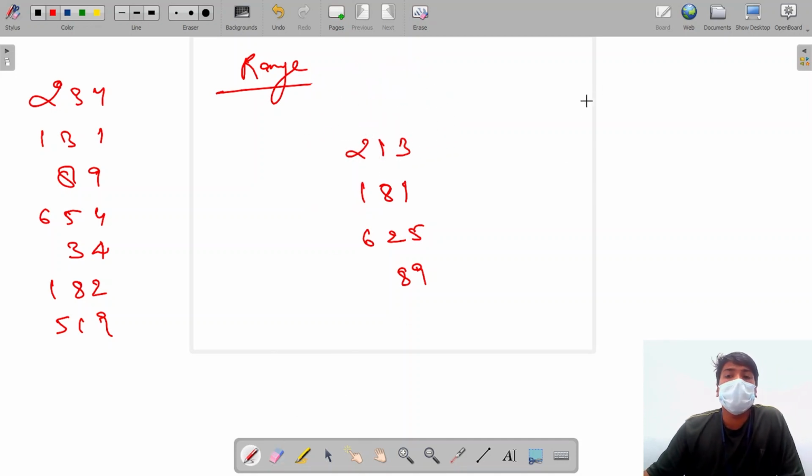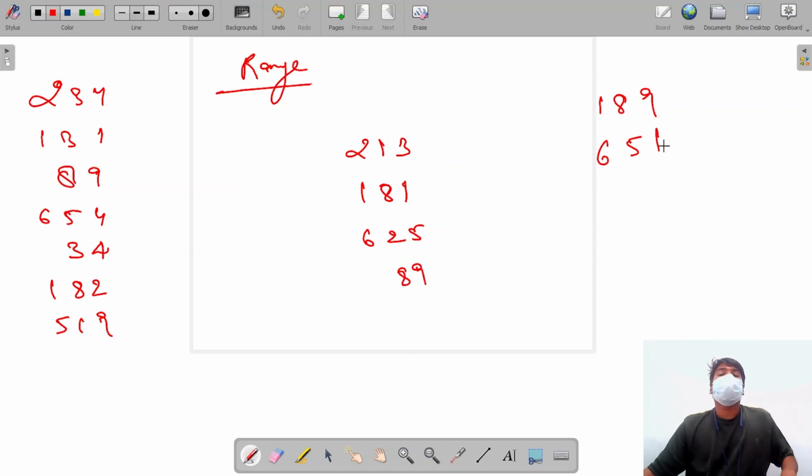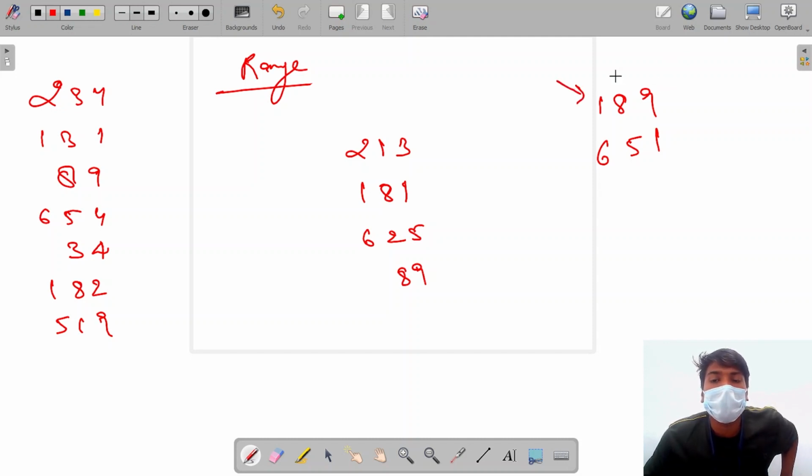Suppose I have 189 and 651. Suppose I do sorting on the basis of hundreds first, then tens, and then ones. If I sort on the basis of hundreds first, I see just the hundreds places.